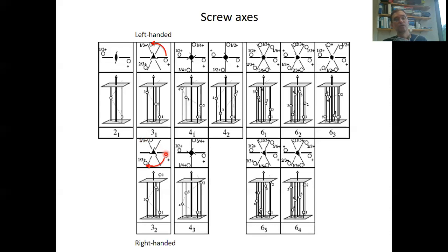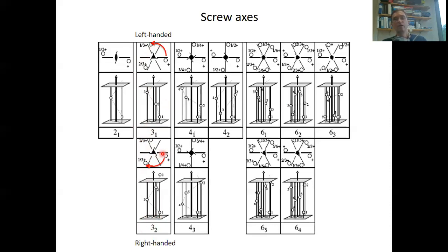So from this perspective, it becomes obvious that the 3-1 screw axis is actually the mirror image of the 3-2 axis, and that the produced screws or helices are mirror images to each other.